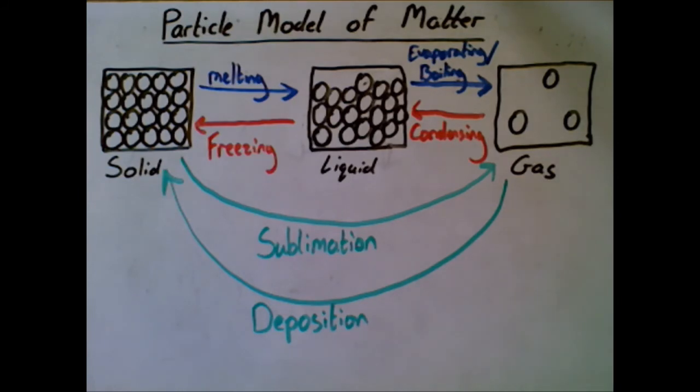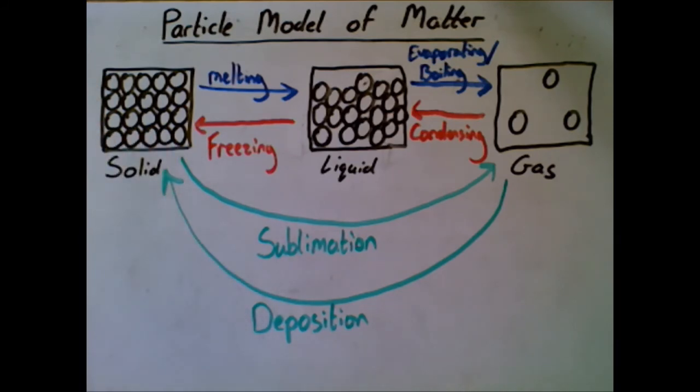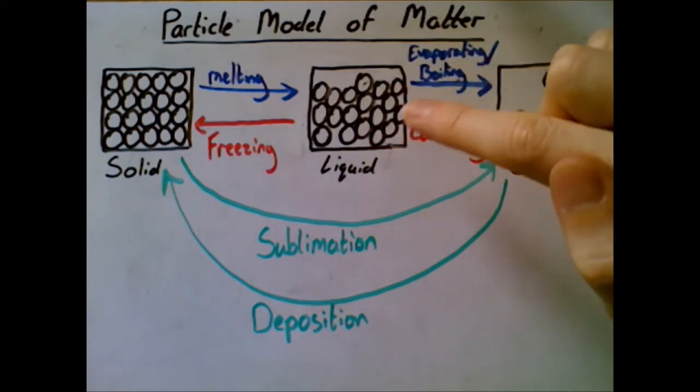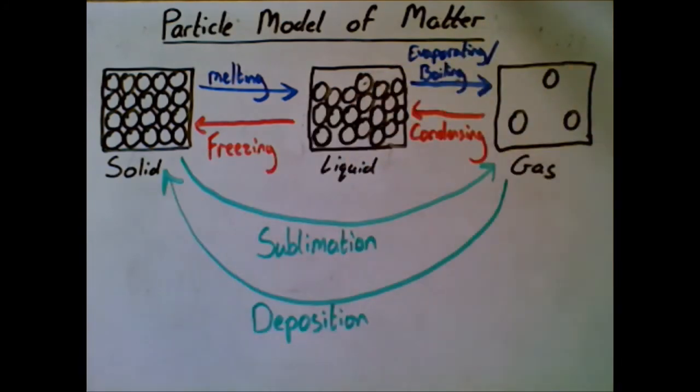So in a solid we've got our particles in a fixed regular arrangement, and that's why a solid has a fixed shape, because all of these particles are close together in a regular pattern, and there are strong forces or bonds between the particles. Whereas in a liquid, the particles, yes, they're still touching, but as you can see, it's an irregular arrangement, and there are much weaker bonds between the particles, which is why a liquid will take the shape of its container, as in it will fill up the bottom of the container.